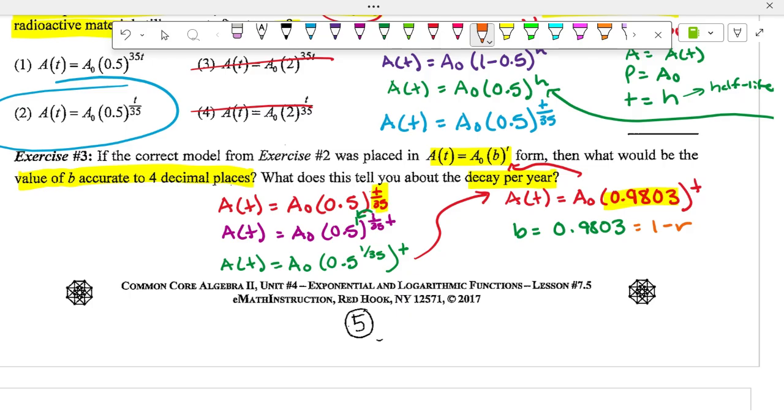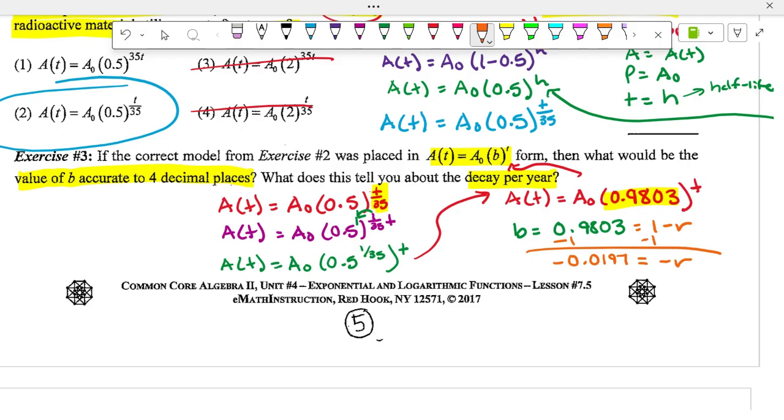How can I solve for r? So subtract 1. So what's 0.9803 minus 1? You guys got calculators, use them. Negative 0.0197.